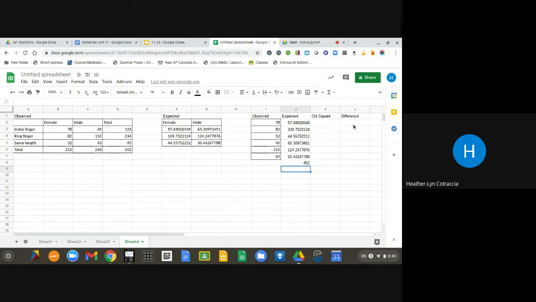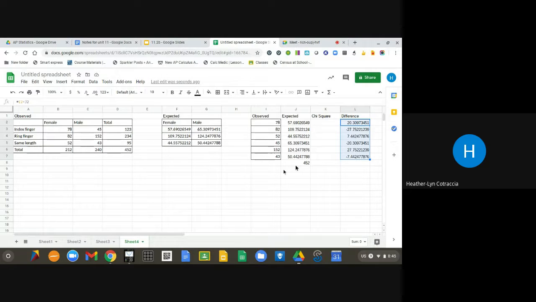Before I find my chi-squared, I thought it might be interesting to just look at the difference between the observed and the expected. Because again, this tells you which one of those numbers affects the chi-squared the most. So we have two numbers that are equally as far apart. That's kind of weird.